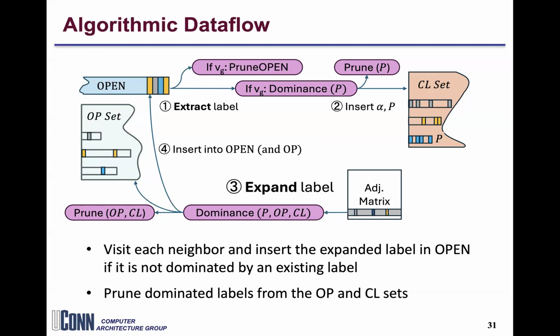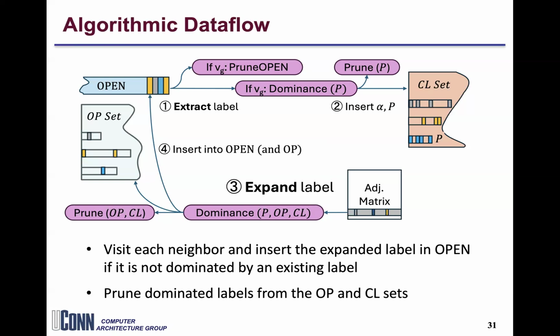The expanded label is not allowed into the open unless we prove that this label is not dominated by any open or closed set label. Because if it is dominated by somebody in the open or closed set, what's the point of injecting it into the open? So we want to suppress it.